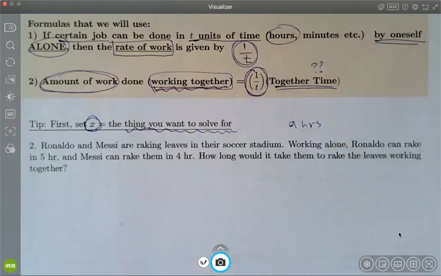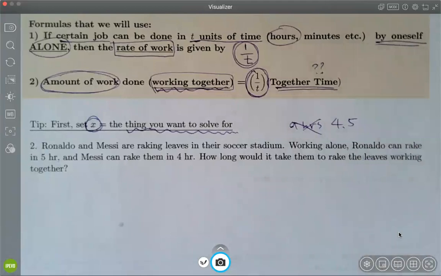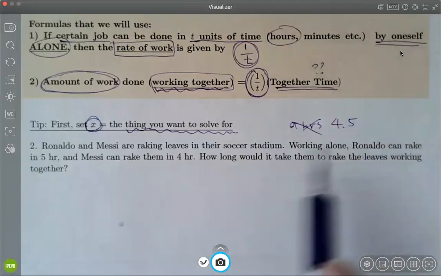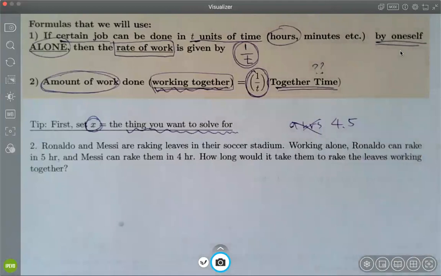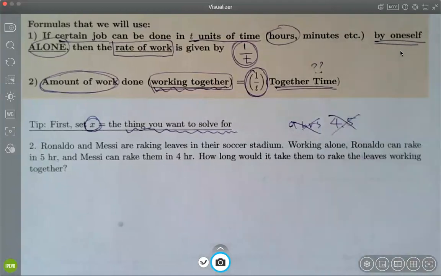So 9 hours doesn't even make sense. Then some people say 4.5, the average of 5 and 4, but again, that doesn't make sense either because, I mean, like how can they need more than 4 or 5 hours if they're working constantly without taking any break? Okay, so that's just false as well.